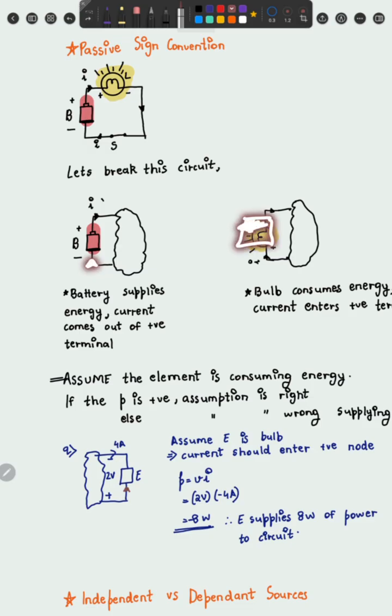Similarly, for a light bulb, if this were a black box, and you have negative and you have positive, the current comes from the positive and goes to the negative. Am I right? It comes from the positive and goes to the negative.